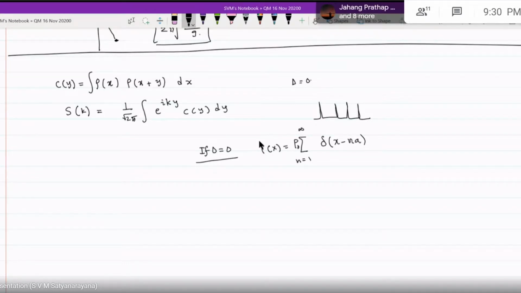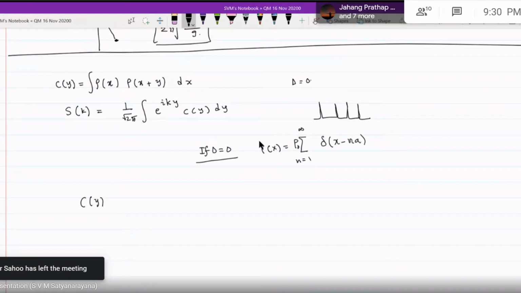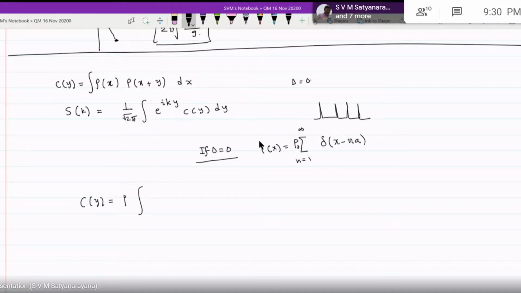So if you are trying to write C of y equal to the integral, let's say rho naught square, sum over n and sum over m, delta of x minus na into delta of x plus y minus ma. And you do an integration over x.